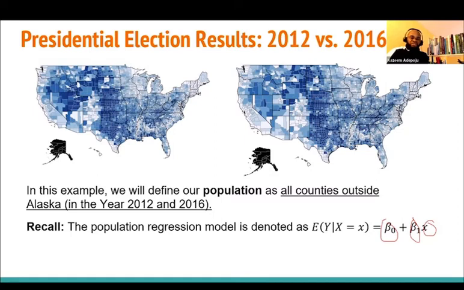Which means I can only determine the percentage that voted for President Trump if I know the percentage that voted for Romney. Romney was the presidential candidate of the Republican Party in 2012, and President Trump was the presidential candidate of the Republican Party in 2016.